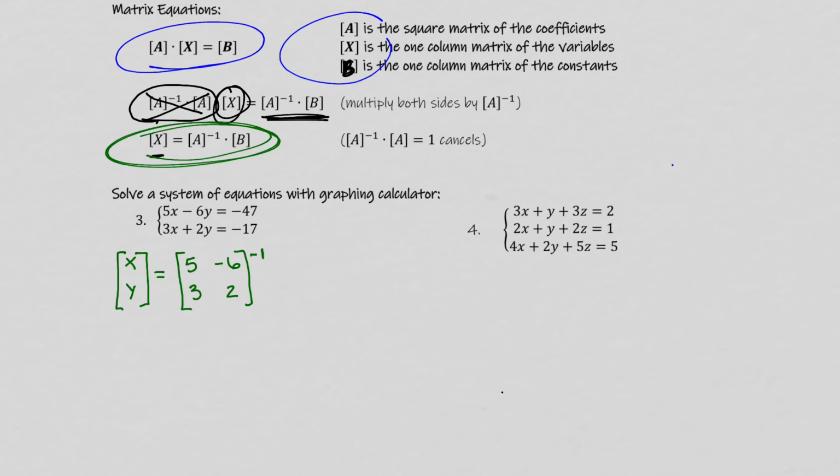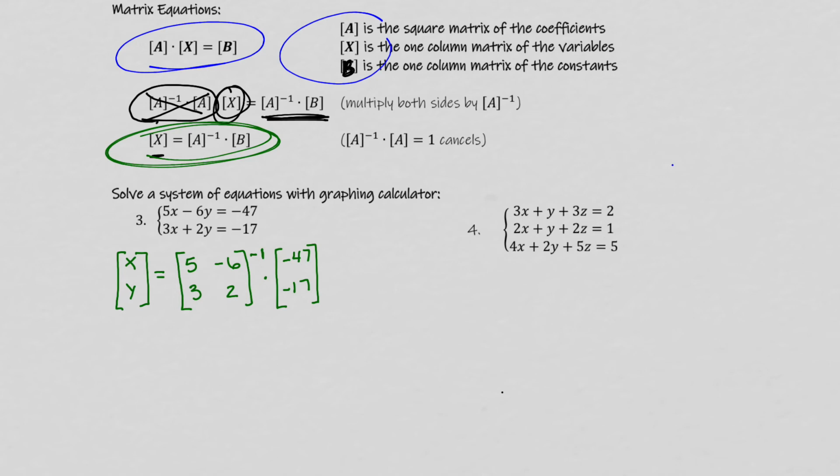And then it's times matrix B, which is the constants, -47, -17. Then this is where we're going to go to the calculator and solve. I will show that on the next video.